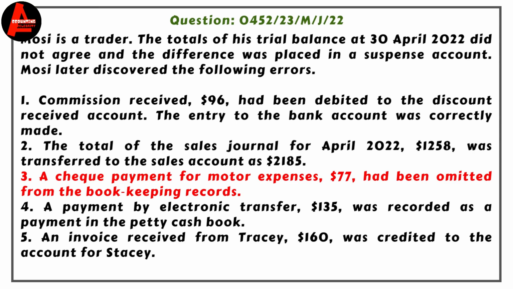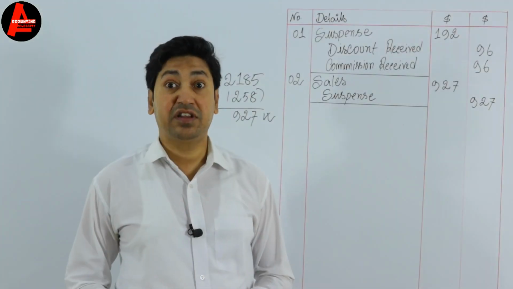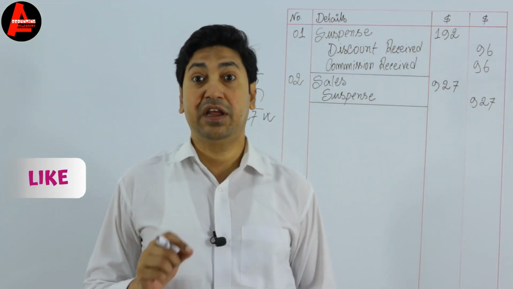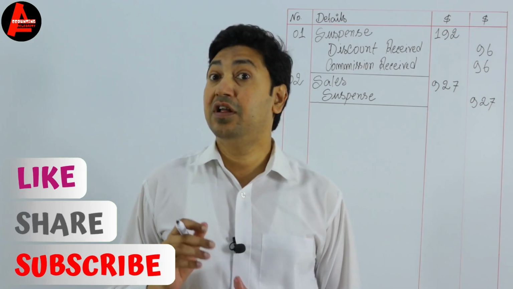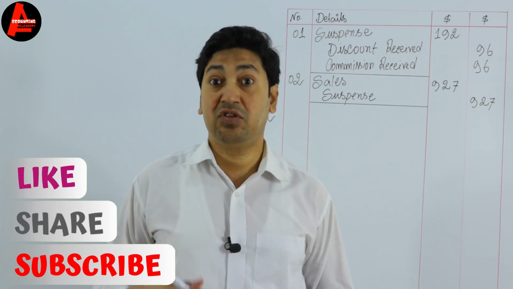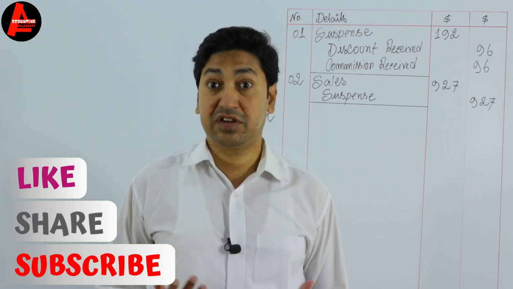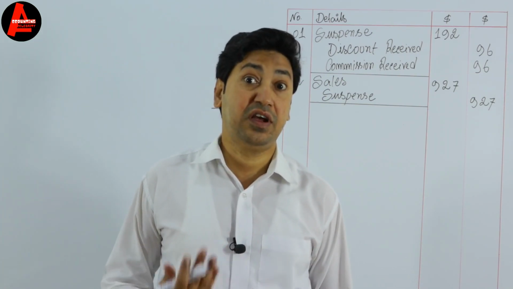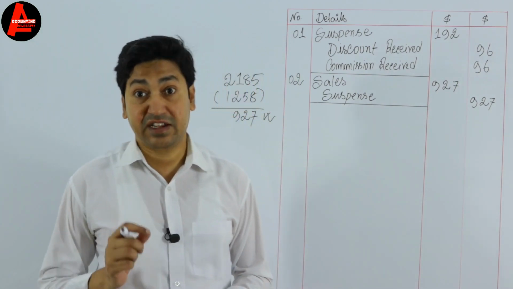A cheque payment for motor expenses of $77 had been omitted from the bookkeeping record. Okay, so it is an error of omission. Okay, this transaction is completely deleted, removed from the business accounts. So now for this one there will be a normal general journal. Okay, so here motor expenses, it is an expense.